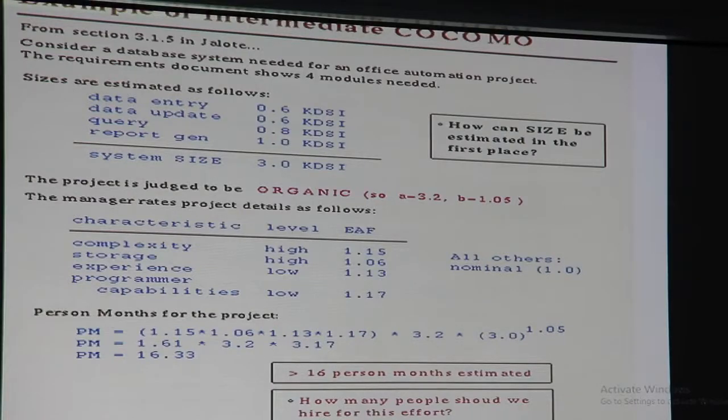This is how you get your EAF. Typically, the rest, which are not given in the table, are considered as 1.0, which is nothing but nominal.